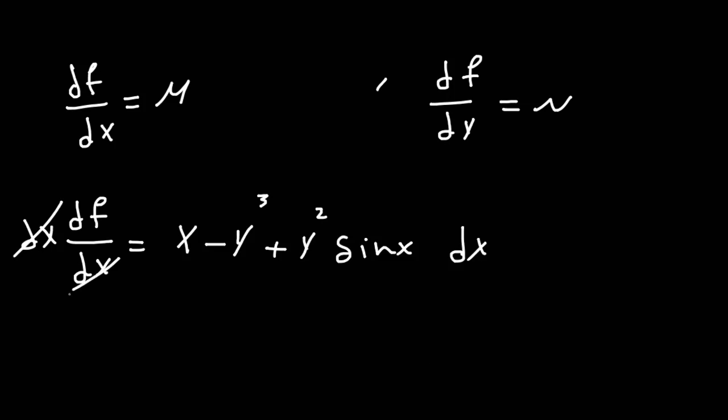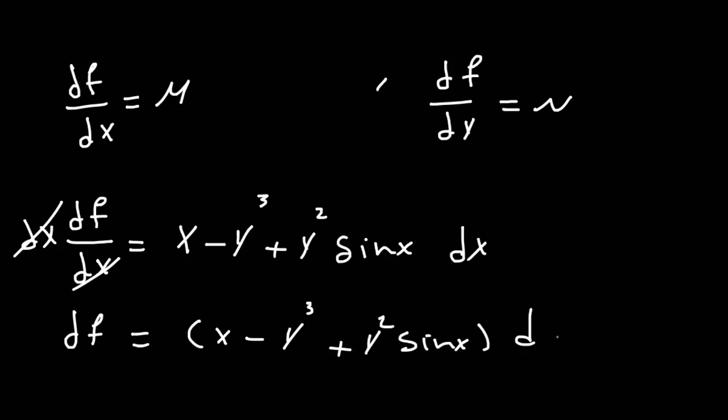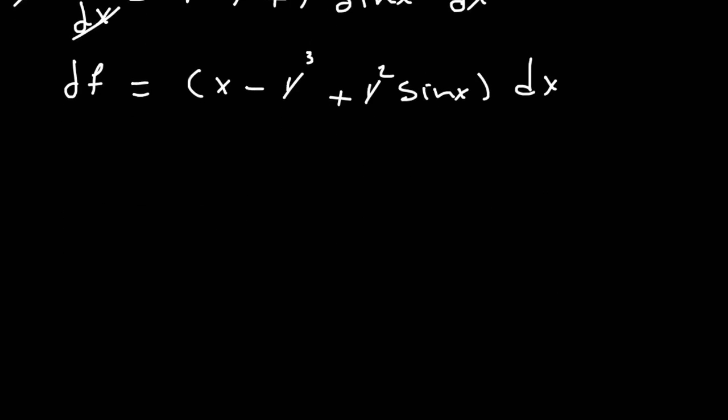These two will cancel, and now I will have df equals x minus y cubed plus y squared sine x times dx. Okay, so now after we do that, we can write df as f of x and y.